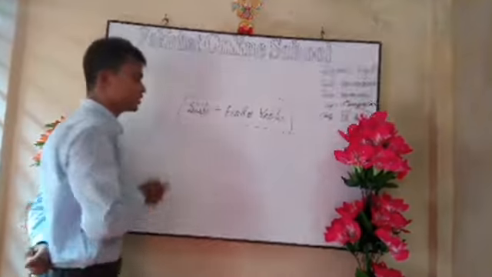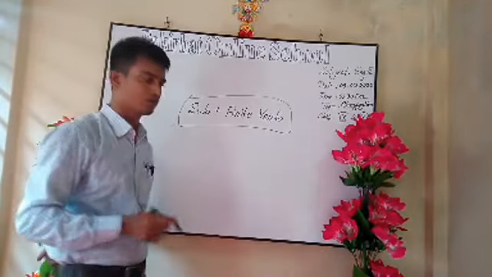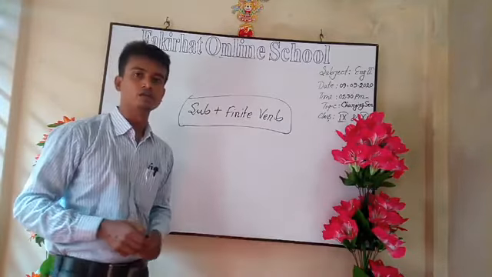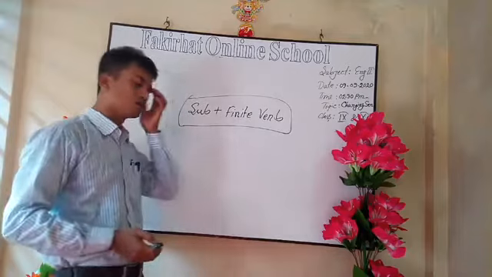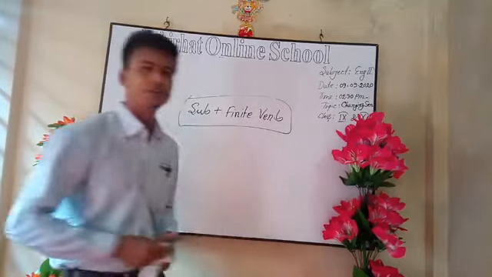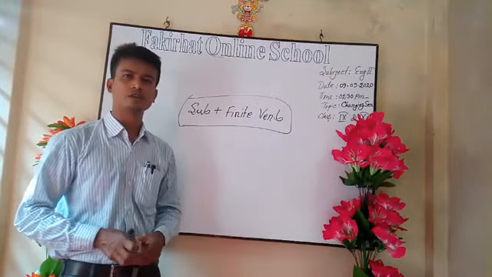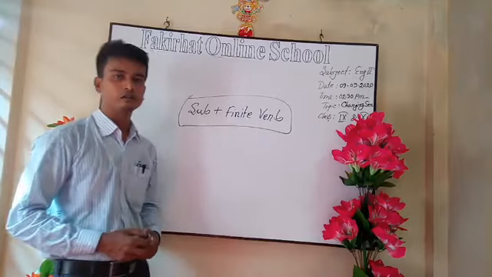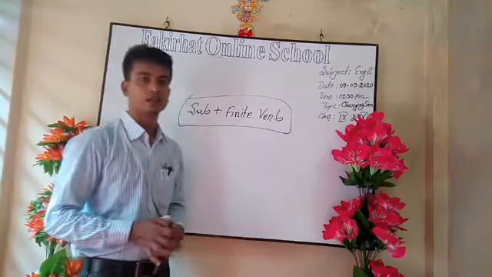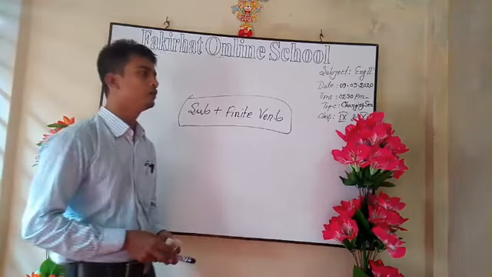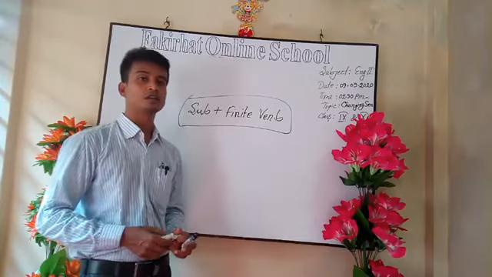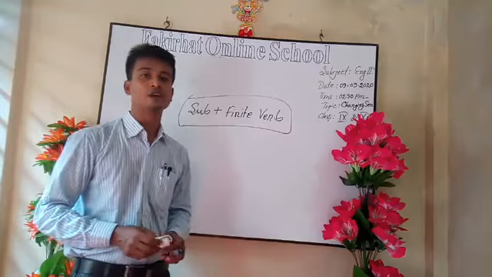So this is the structure of a clause, and these clauses are three types: principal clause, subordinate clause, and then coordinate clause. In my previous class I discussed the definition of simple sentence, basic structures of simple sentence, and complex sentence, and then compound sentence. Today I will discuss how we can change the formation of sentences into these three types at a time.